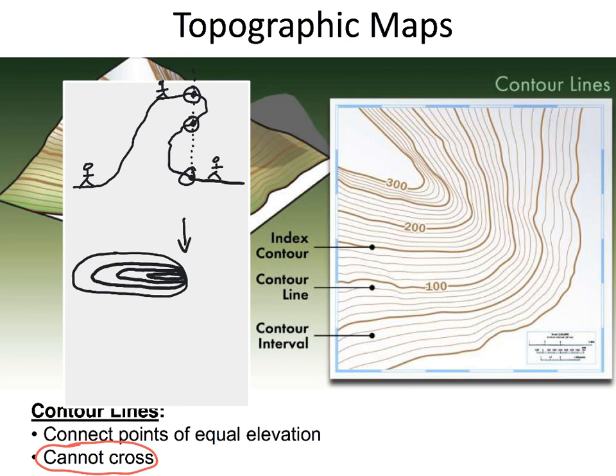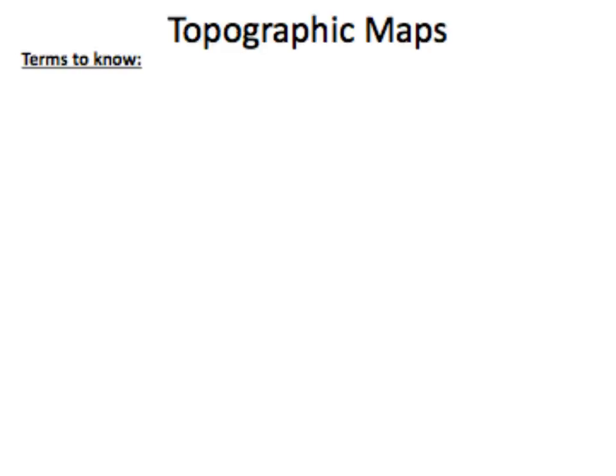So this area here that I've labeled in red on my cross-sectional diagram at the top would really be invisible on the topographic map. So these maps are not giving you every aspect of terrain, but they're definitely giving you a lot of useful information about the landscape. So, a review of important terms to know regarding topographic mapping.